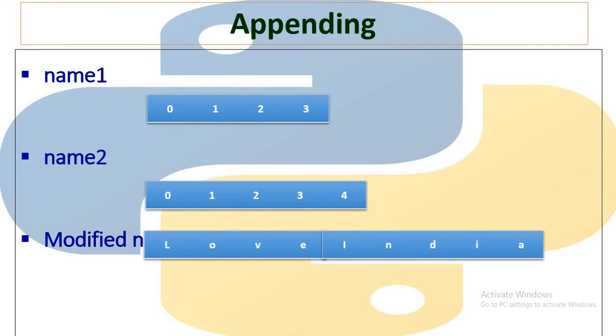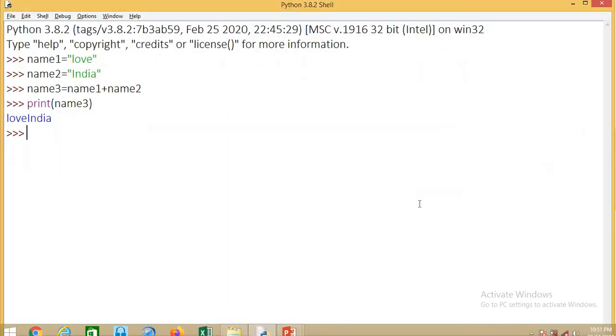You see the operator, basically how we are writing this assignment operator. We will check it in an example. We already have name1 is equal to love and name2 is equal to India. Only we are writing name1 plus equal to name2.